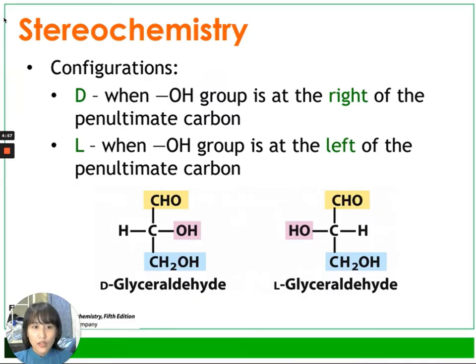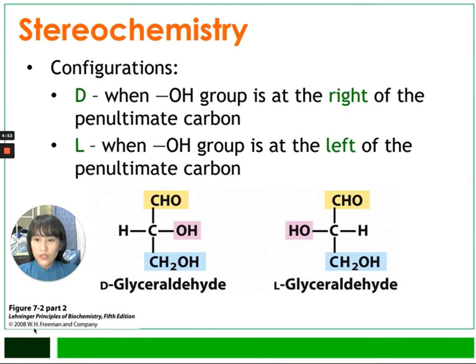We have 2 configurations, the D and L configurations. When we say that it is in the D configuration, this is when a hydroxyl group is at the right side of the penultimate carbon. So here is an example of it.